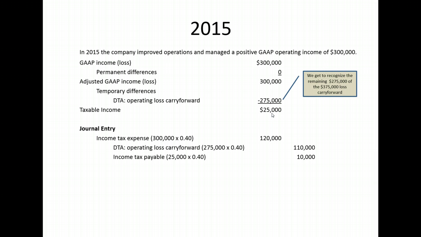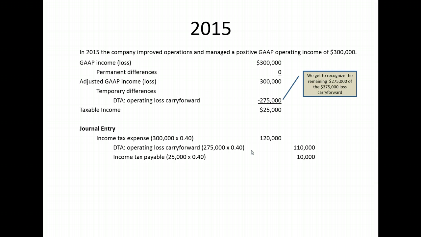And then the debit or credit to a deferred tax asset account or deferred tax liability account is the balancing element to the journal entry. So in this case, in 2015, income tax expense is $120,000, income tax payable is only $10,000, and we use up the remaining balance of our deferred tax asset.